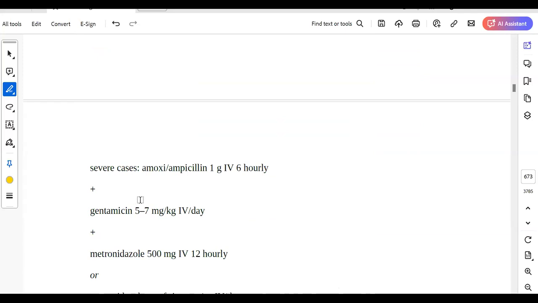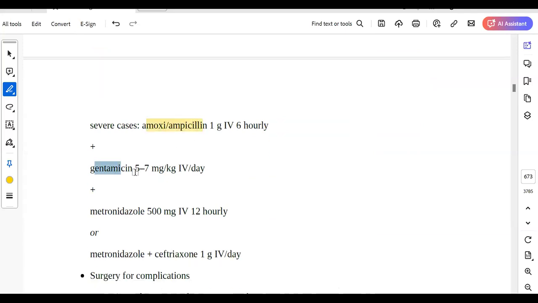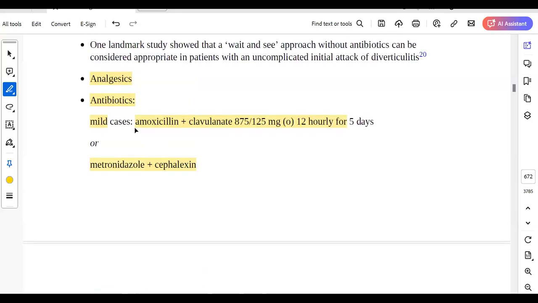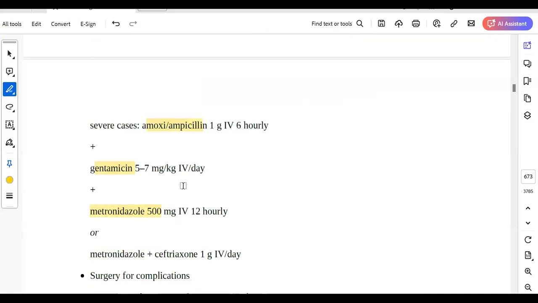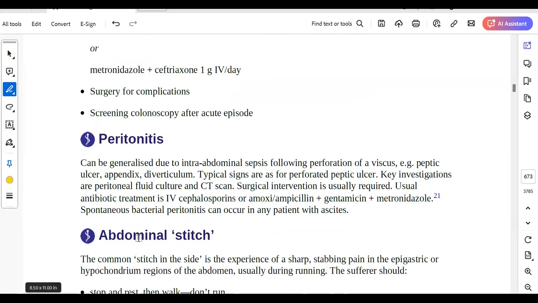If it is severe, like the patient is unable to eat, vomiting, very unwell looking, then IV amoxicillin, gentamicin, and metronidazole. Most of the time it is mild, so we give Augmentin, or if the patient is allergic to penicillin, then Metro plus Keflex. If severe, then IV ampicillin or amoxicillin plus Genta and Metro.